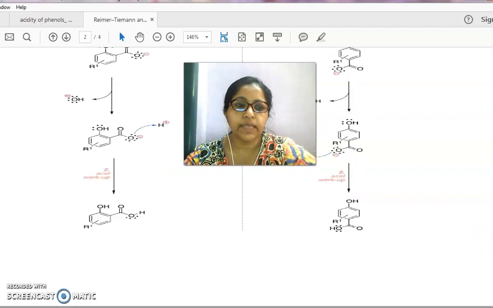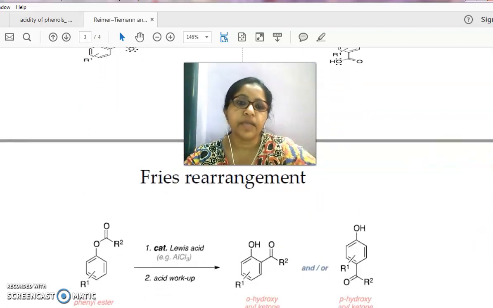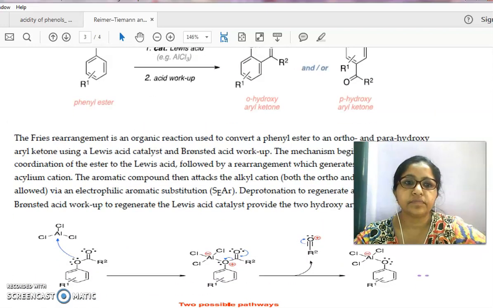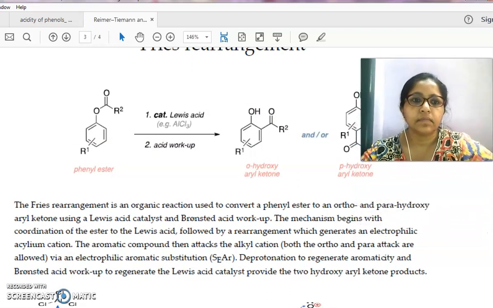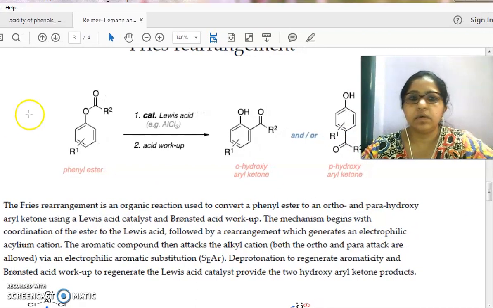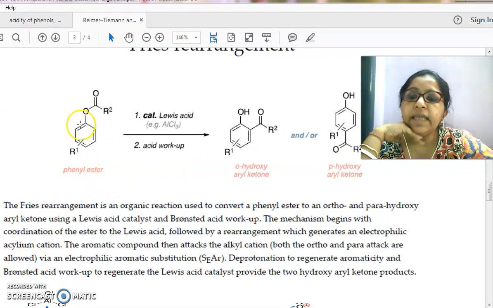Let us now go to the next mechanism, the Fries rearrangement. It is not a reaction, rather it is a rearrangement, meaning the group only changes its position. The compound is a phenyl ester.